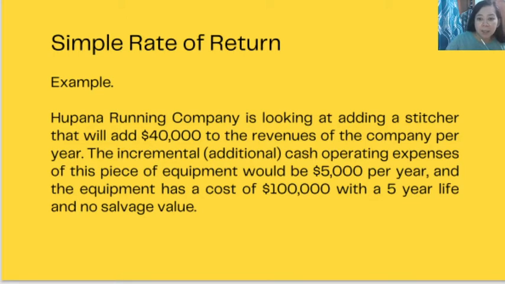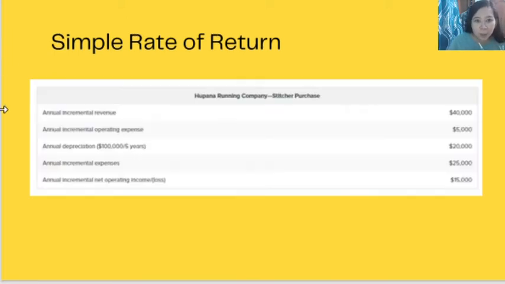Okay, so again, this equipment has its useful life of 5 years. Okay, so based on the data, we will have here the figures. So the first one is the annual incremental revenue. So this is the additional revenues that will be added upon using the equipment.